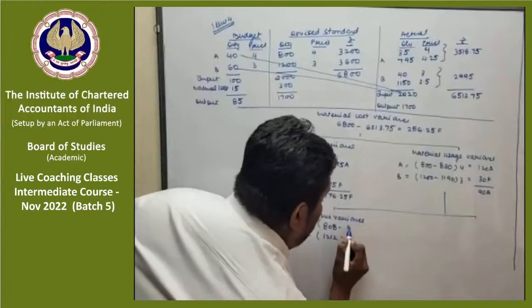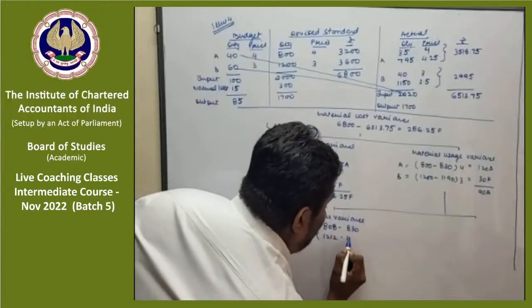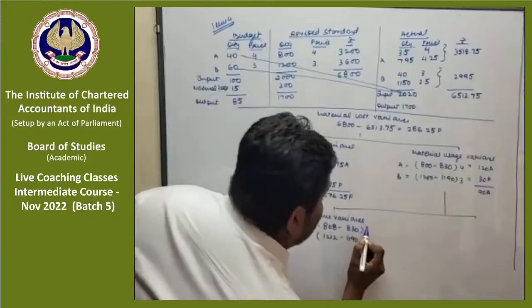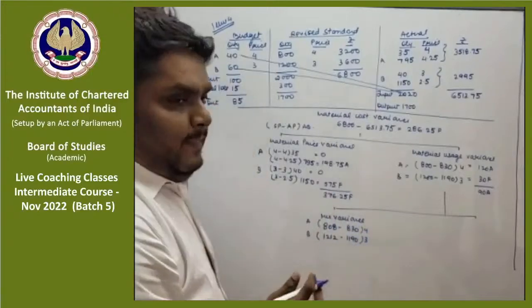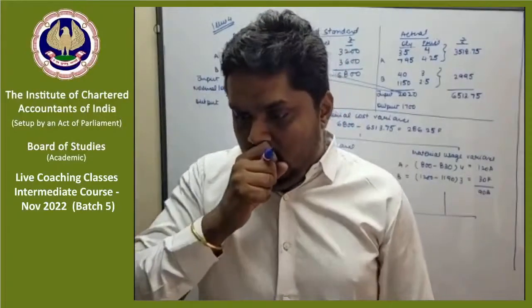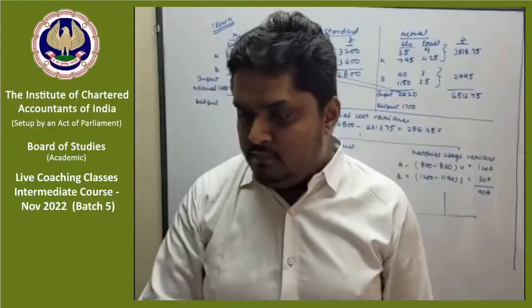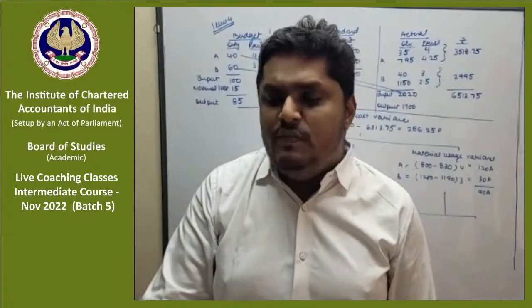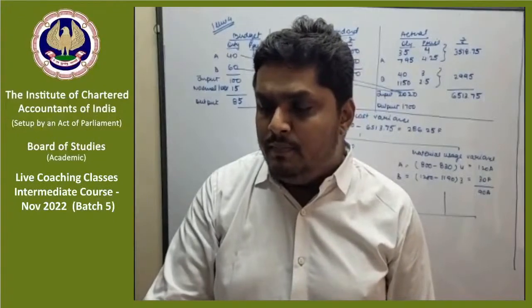Very simple. 830 and 1190 into standard price, that is 4 and 3. Everything, some information will be given in the question.